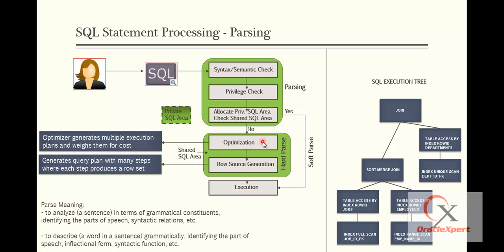So it may be a fairly complex execution plan, which might have several different steps. I'm going to show you a quick demo on this one as well, where each step is an action item for Oracle, and that action item in turn returns a row set, a set of records from the database.